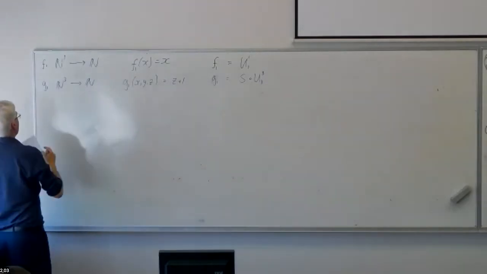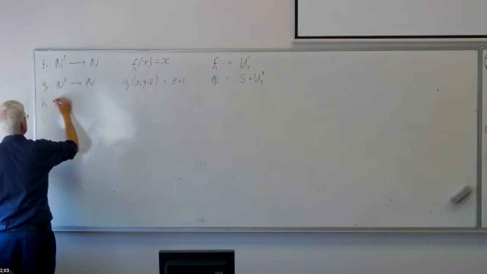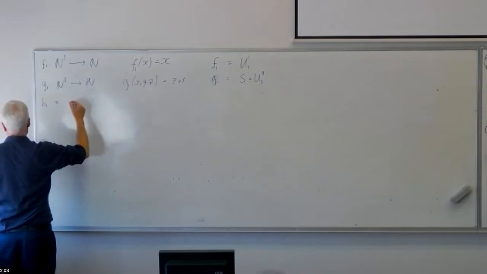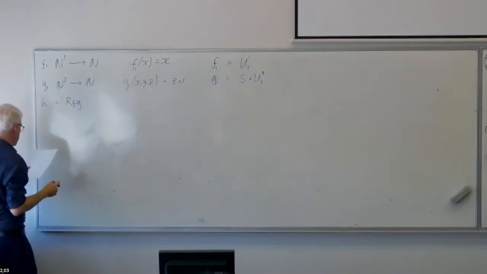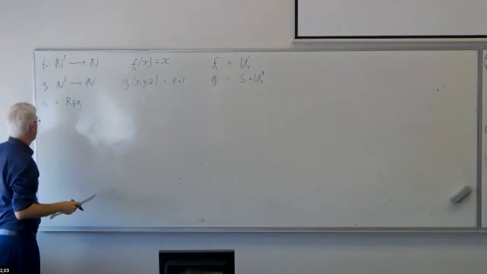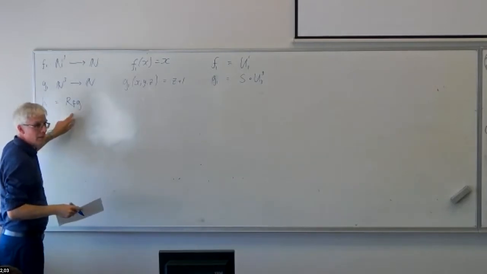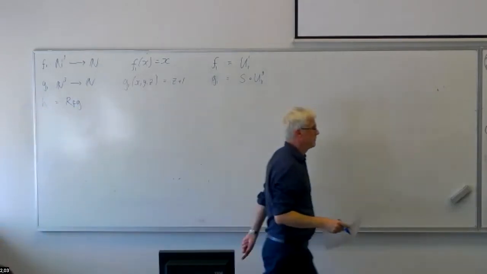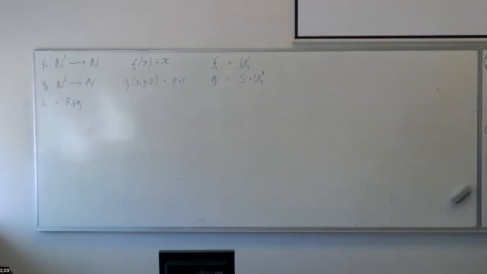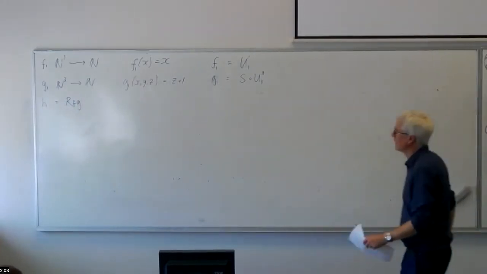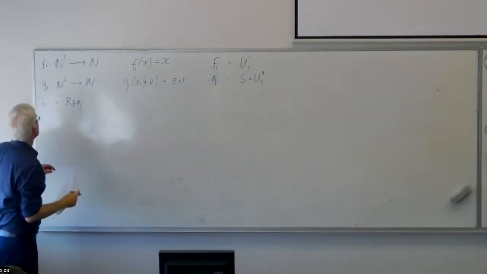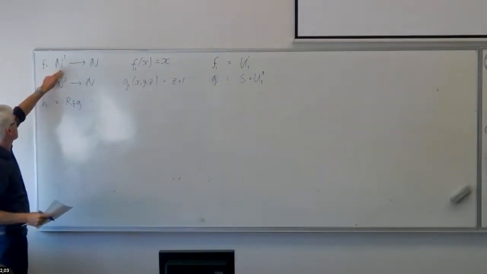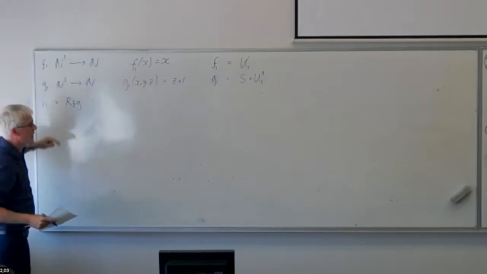And now I'm going to define H1 to be equal to R applied to F1 and G1, so applying primitive recursion to F1 and G1. Let's see what that does. F was a function of one argument, G was a function of three arguments.